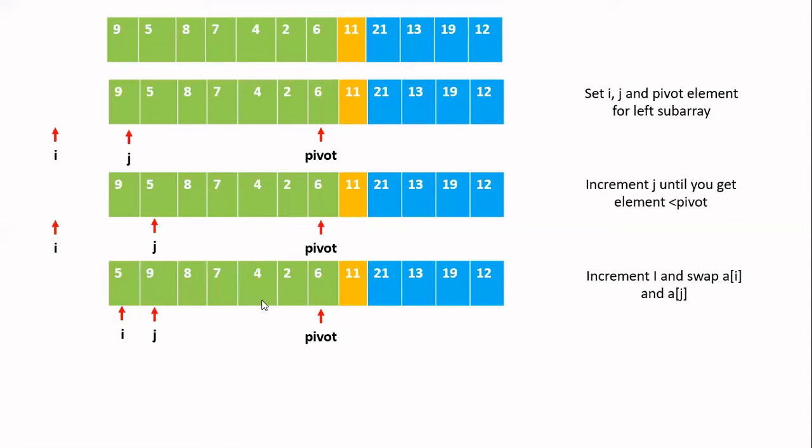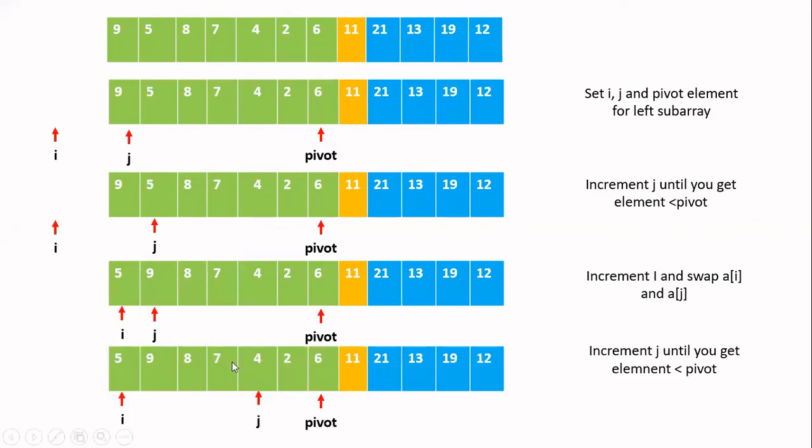Now again increment j until you get an element which is less than the pivot element. So I have to increment j. The next element is 8. 8 is not less than the pivot element, so I have to again increment j. I will get 7. 7 is not less than the pivot element, so I have to again increment j.